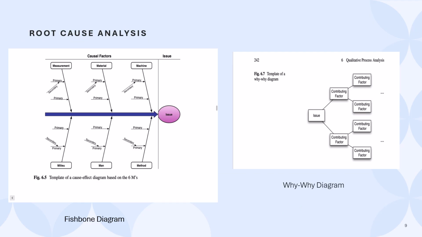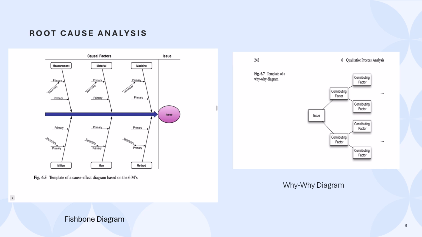This is the root cause analysis. And on the left hand side, this is the fishbone diagram, which helps us brainstorm and visually categorize all the potential causes of a problem. The structure looks like a fish skeleton where the head is the problem and the bones are cause categories.